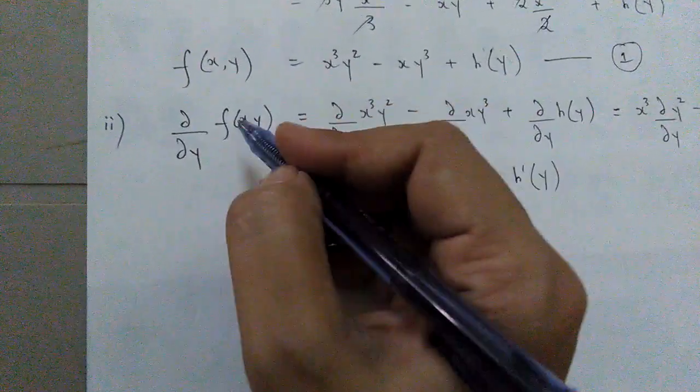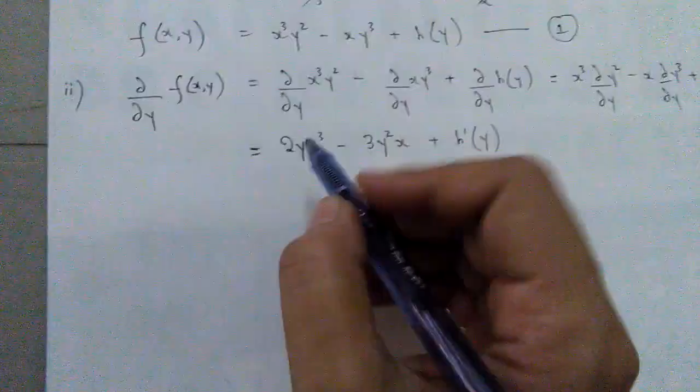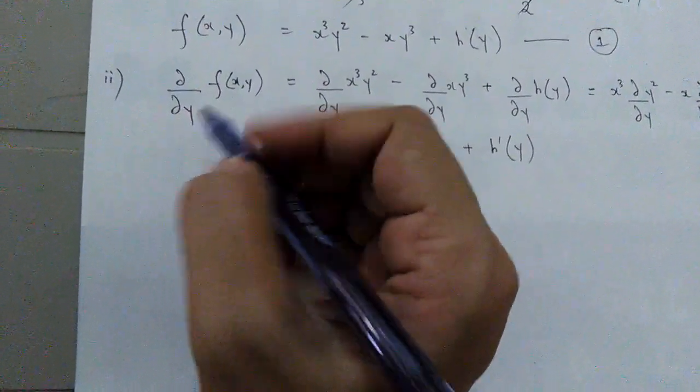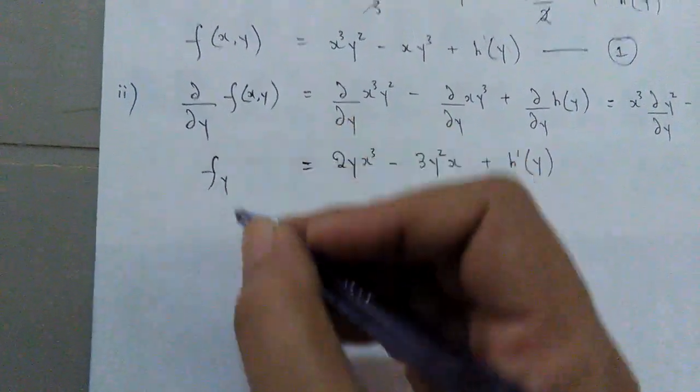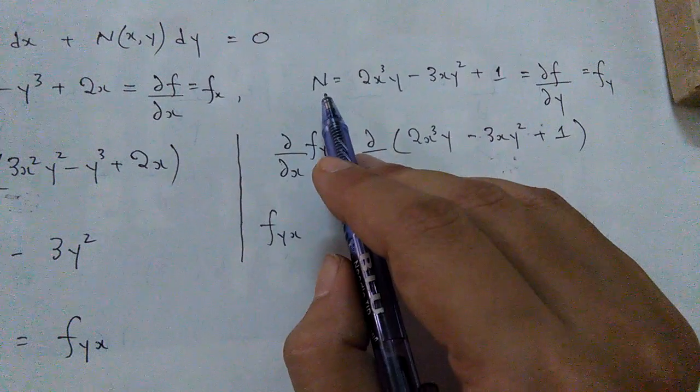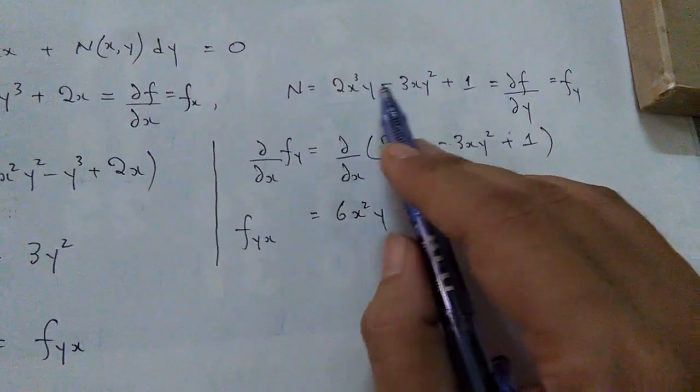So this is now 2y x cubed minus 3y squared x plus h prime of y. So this is exactly your fy, and we have stated earlier that fy is our n. So this is our n, and the value of n is this.